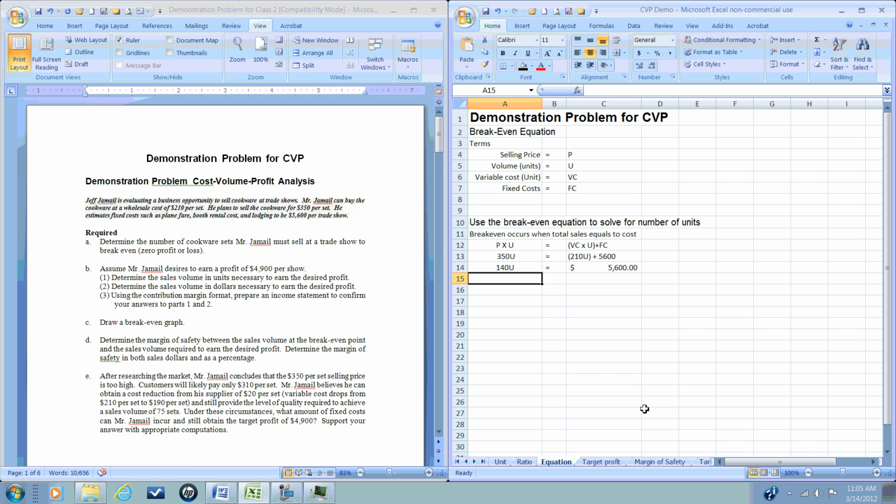So we'll divide each side by 140. So we'll get U equals 5,600 divided by 140. And that will tell us that U equals 40 units of product.